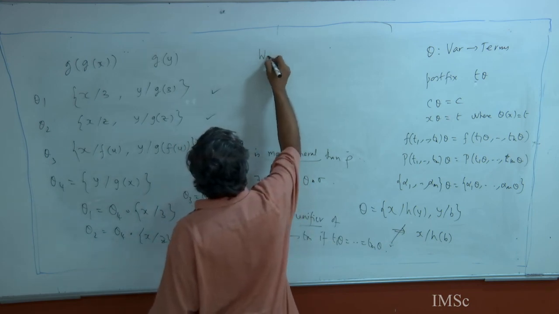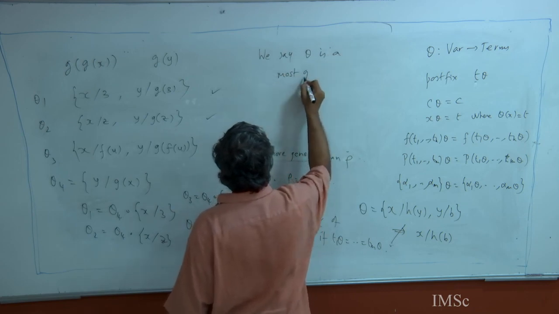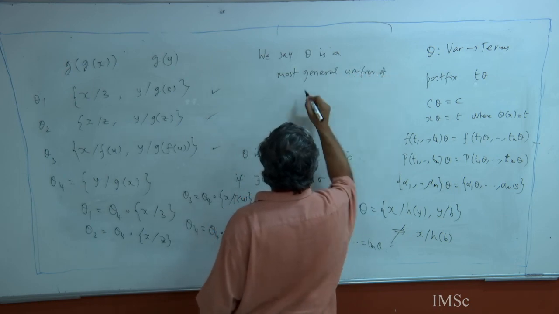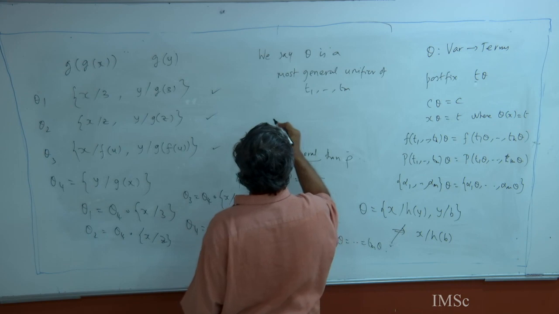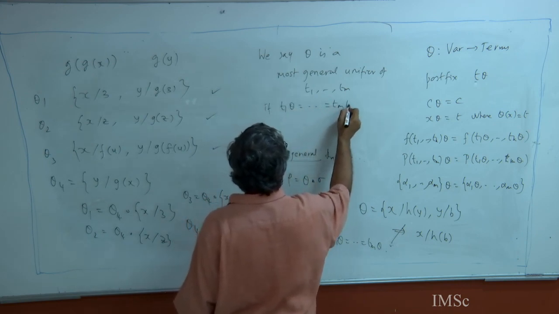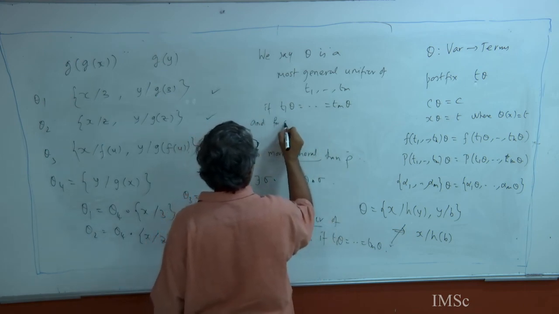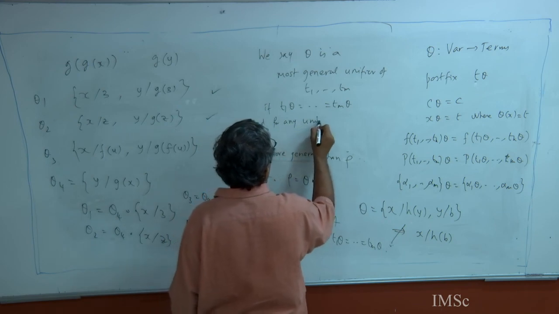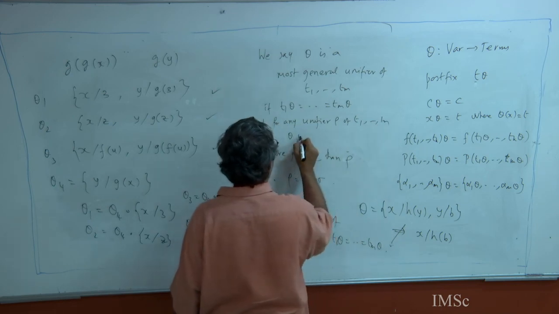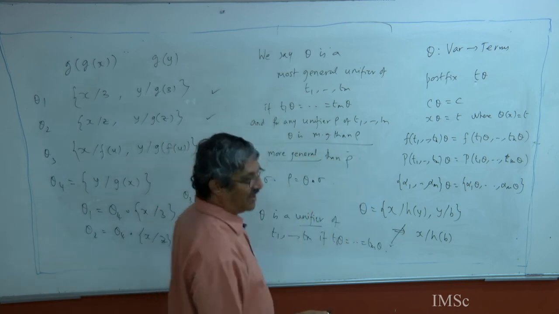We say theta is a most general unifier of T1 through Tm if for any unifier rho of T1 through Tm, theta is more general than rho. This is the natural definition you will think of.